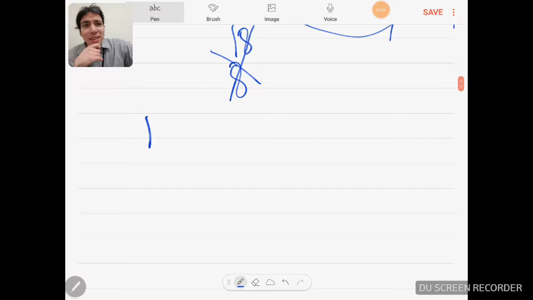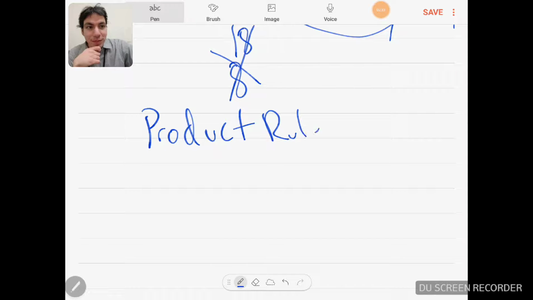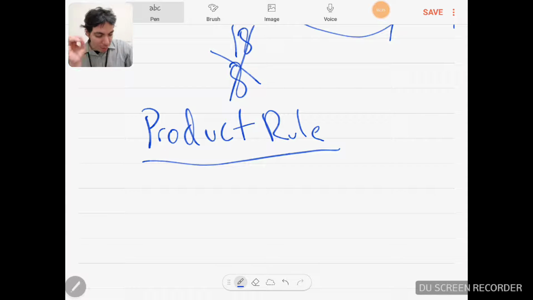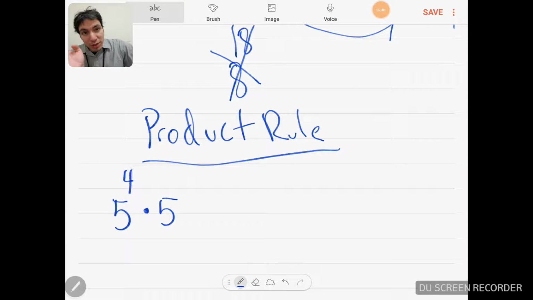So that leads me to the topic of the product rule. Now, what is the product rule? Each of these rules is for exponents only. The product rule is where you take two bases that are the same, but their exponents are different. We can do this the long way, which I'll show you.